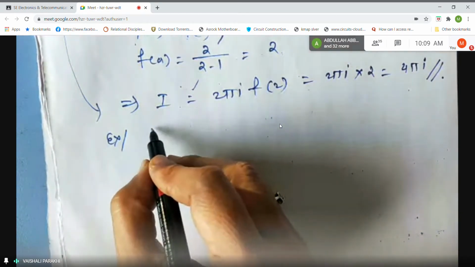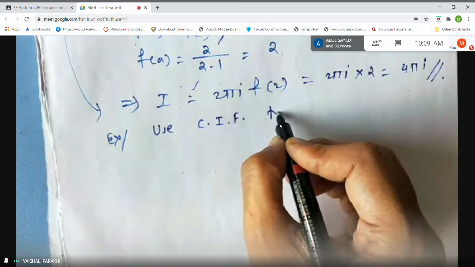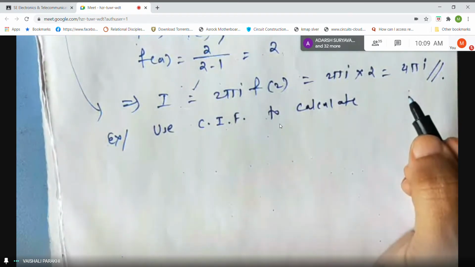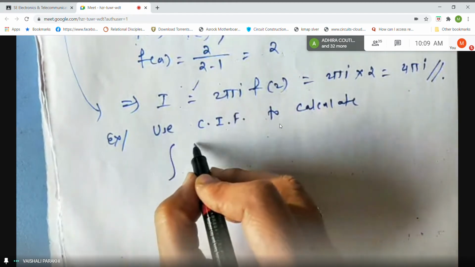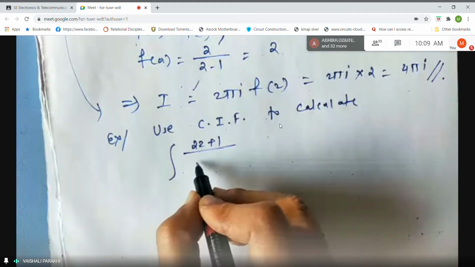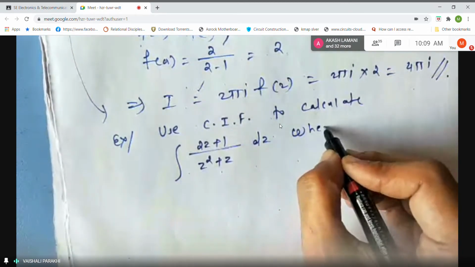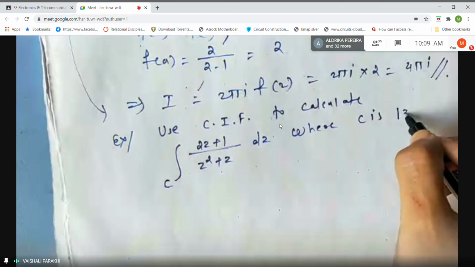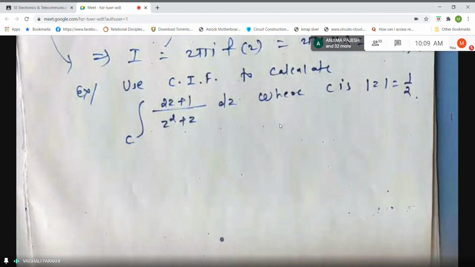Use Cauchy's integral formula to calculate the integral of 2z plus 1 divided by z square plus z dz, where C is mod of z is equal to half. I'm giving you 2 minutes. Try. Just follow the previous solution.